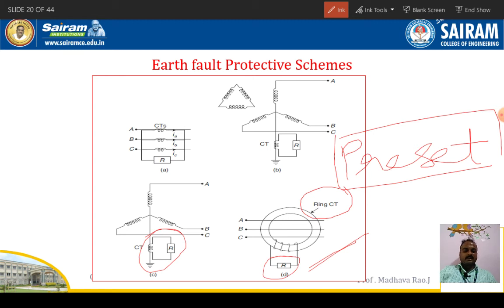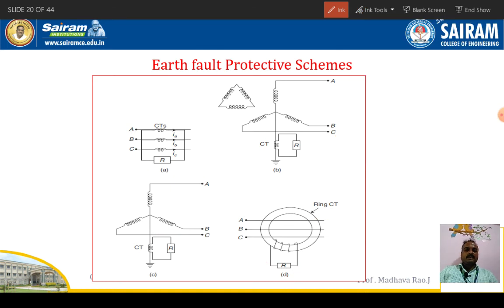Whenever the current exceeds the maximum plug setting, PSM the plug setting multiplier, then automatically the relays will operate. So this is about earth fault protective schemes, these are the various earth fault protective schemes.